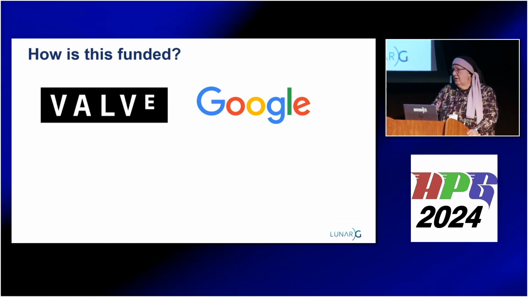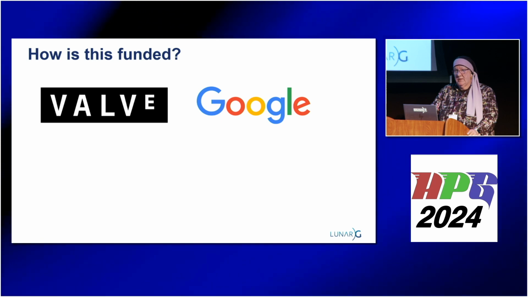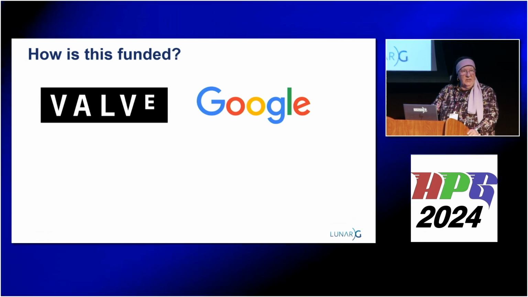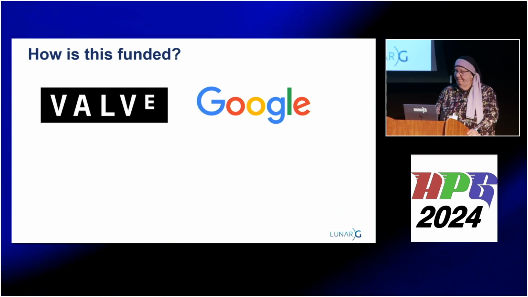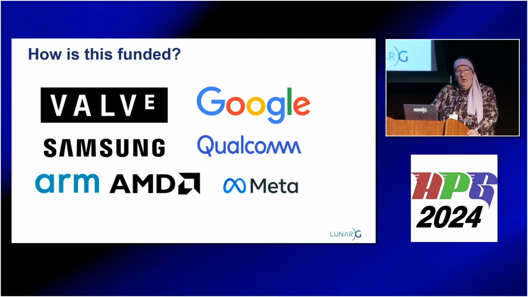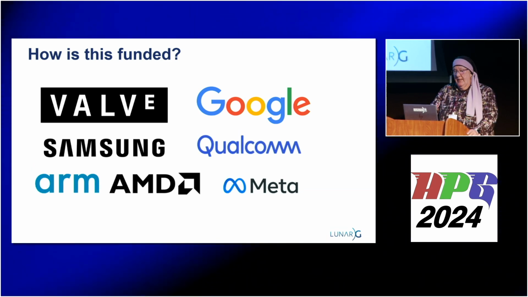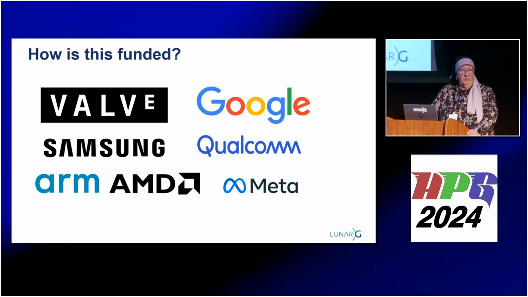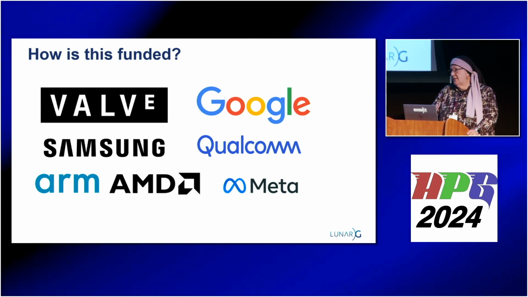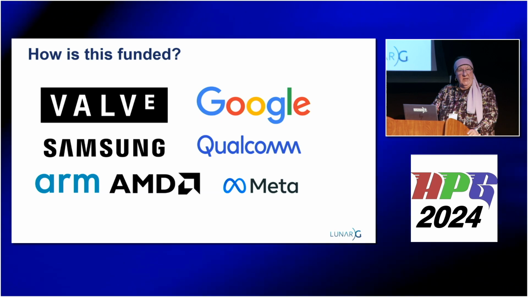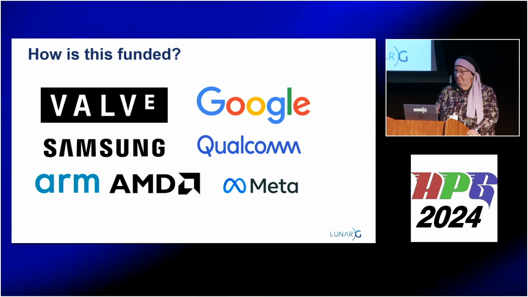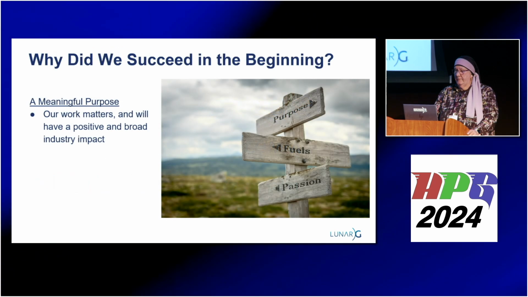We do quite a bit of work on developer tools per their interests and priorities for their business. And then we also get some support from Samsung, Qualcomm, ARM, AMD, and Meta. All these people are providing some level of support to us to work on different aspects of the developer tools.